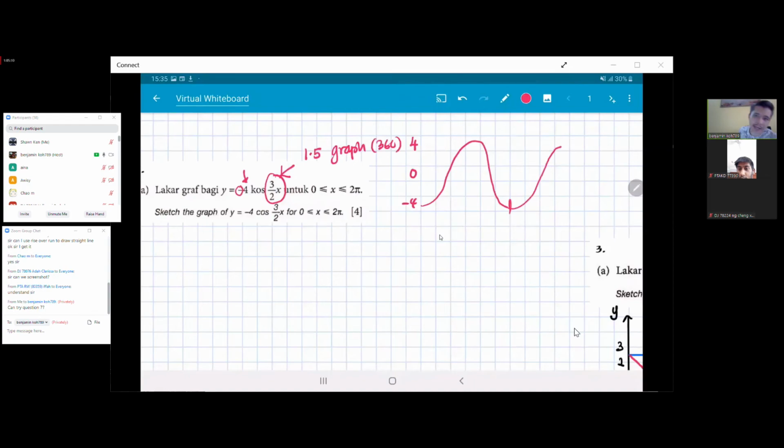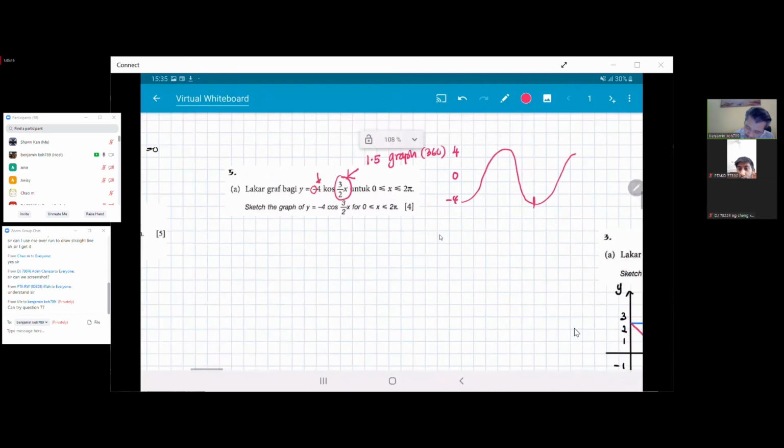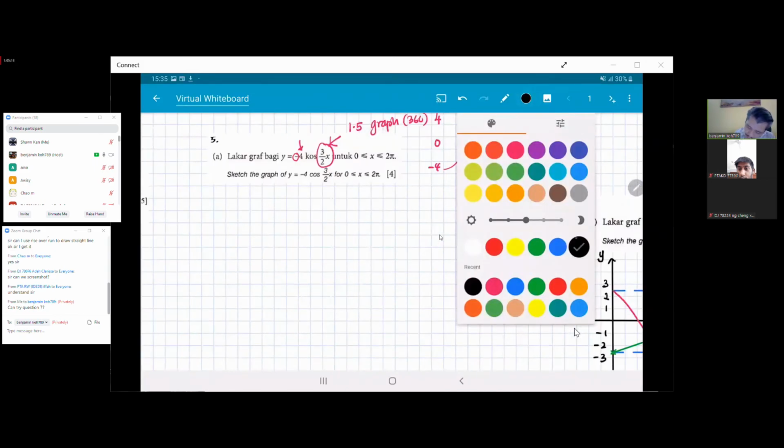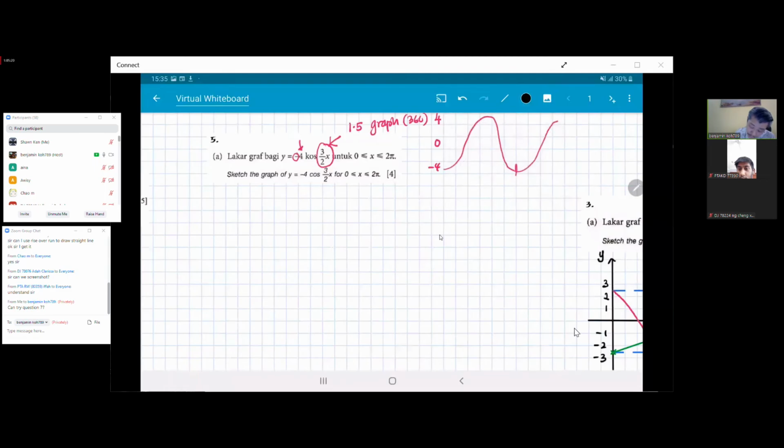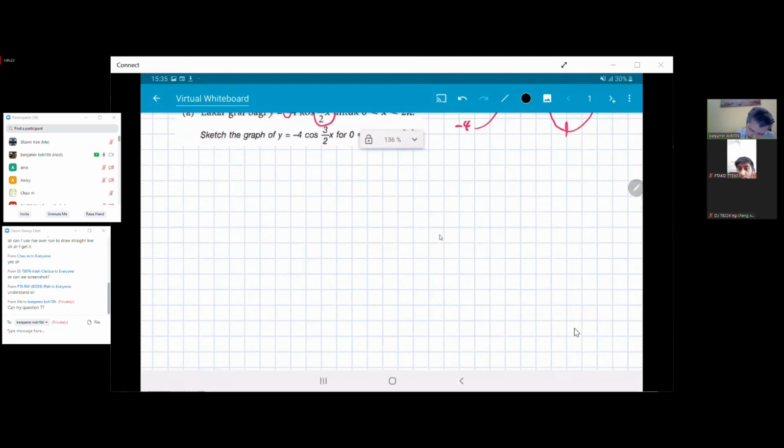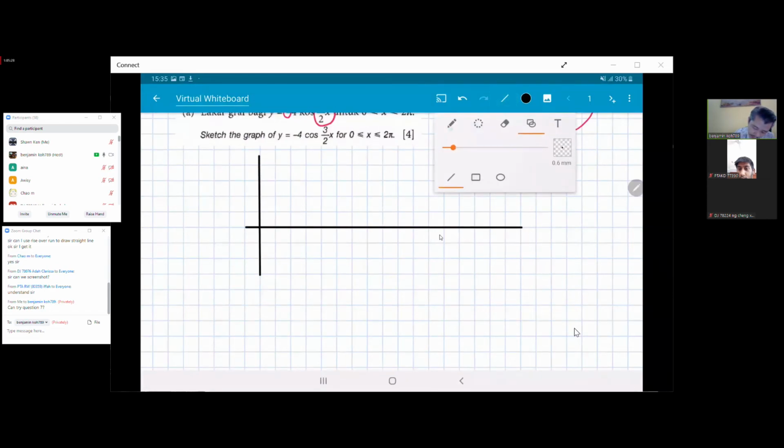Okay. So now looking back at how I need to draw now. Okay. Let me just draw the paksi X and the paksi Y first. Okay. So this is the X-axis. This is the Y-axis. Since dia punya amplitude ialah 4, so I'm going to take 2, 4. And down here, -2 and -4. Okay.